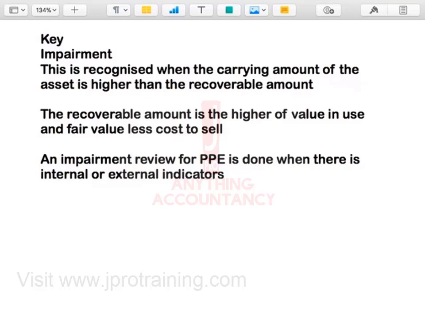That's theory, right? You have to find the recoverable amount.